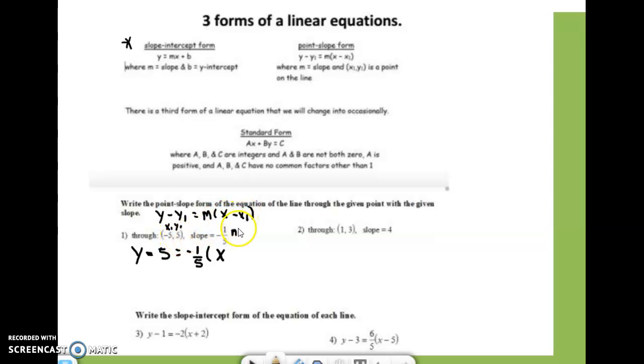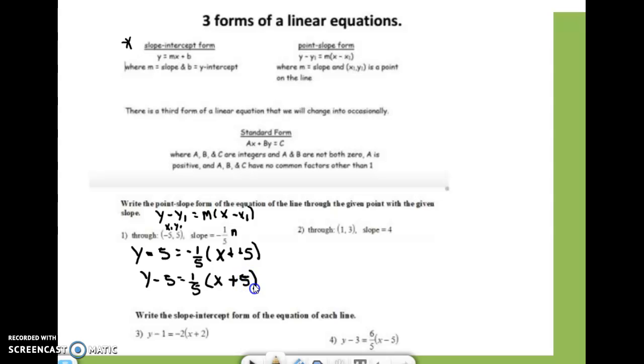Now here's the thing, if I plug a -5 into there, like you see, it's actually just going to turn this positive. So our final answer would be y minus 5 equals -1/5(x plus 5).